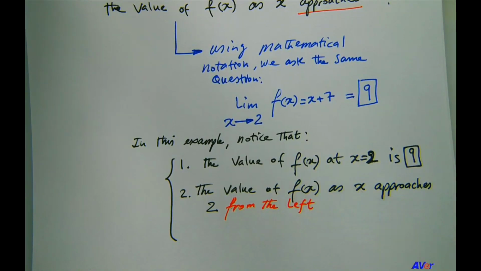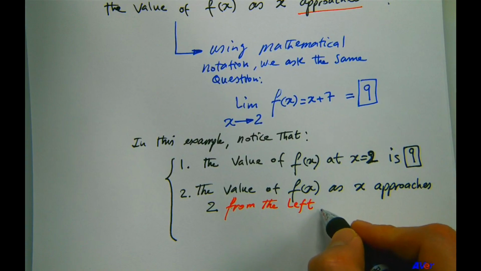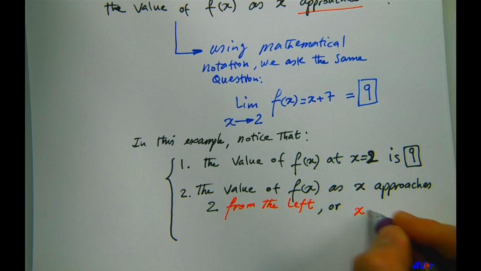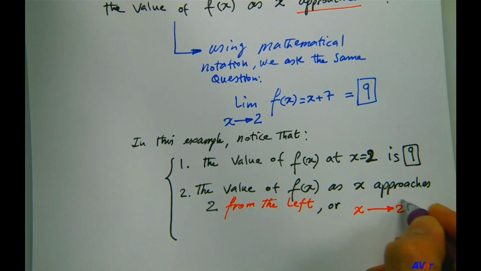From the left means 1.9, 1.98, 1.989, 1.999. That's x approaching 2 from the left.